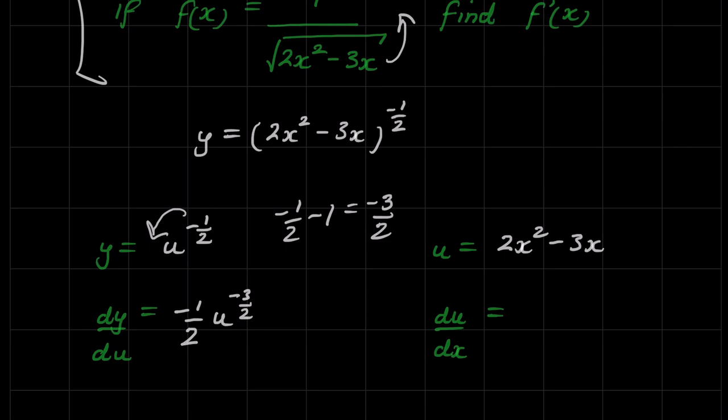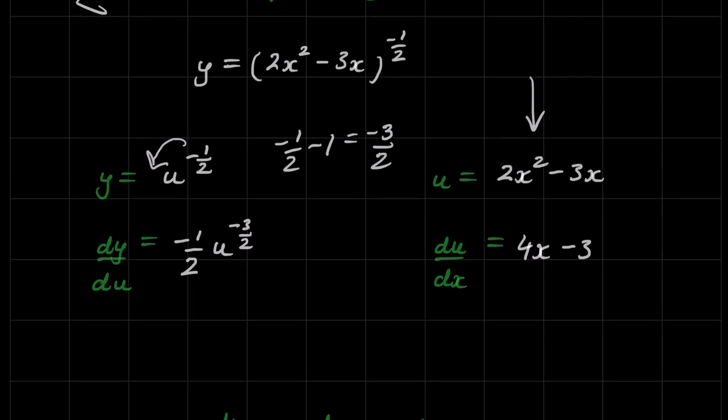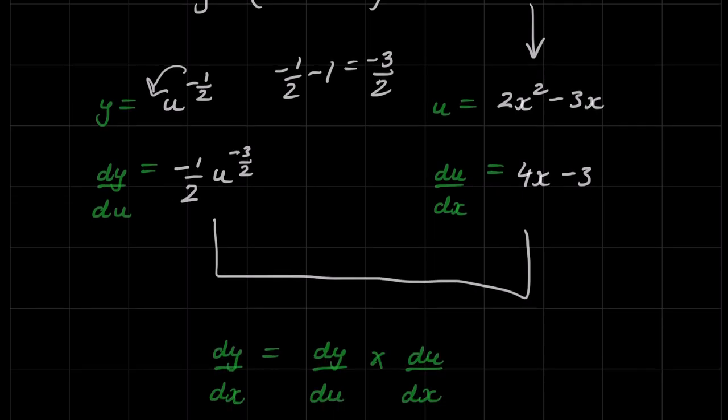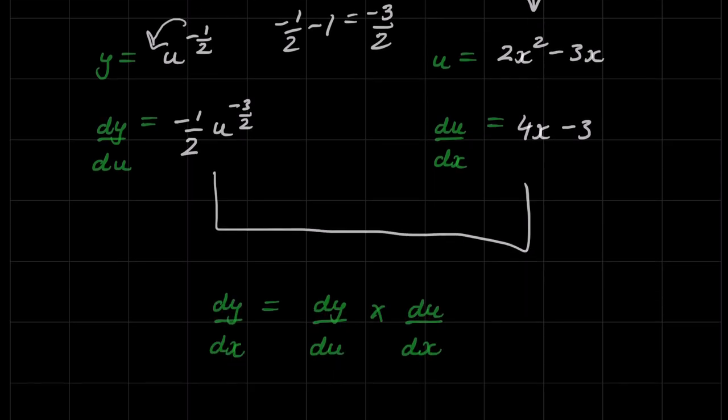Okay, so we'll move across to u now. And to find the derivative of this one, 2 times 2 is 4x. 2 minus 1 is just 1. The derivative of minus 3x is minus 3. So there we go. Now these two parts we are of course going to put together in the chain rule formula.